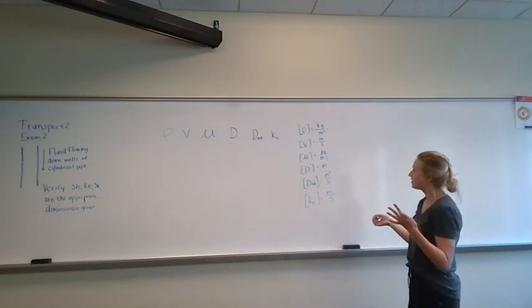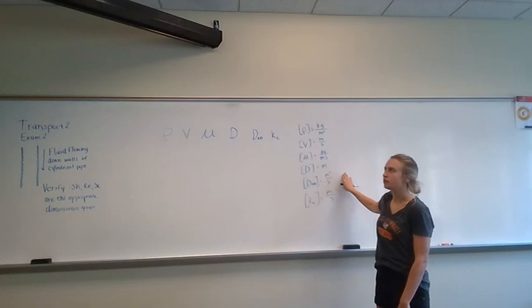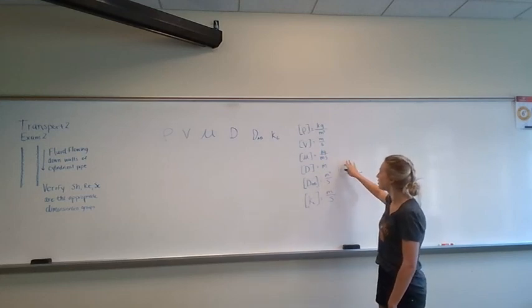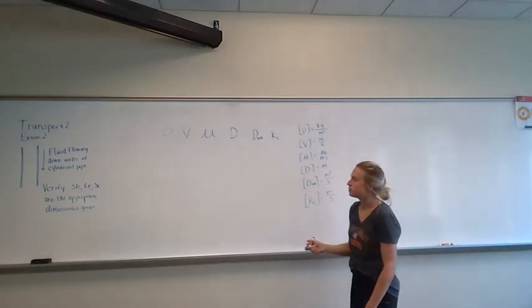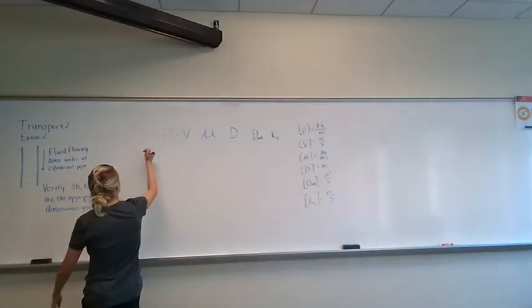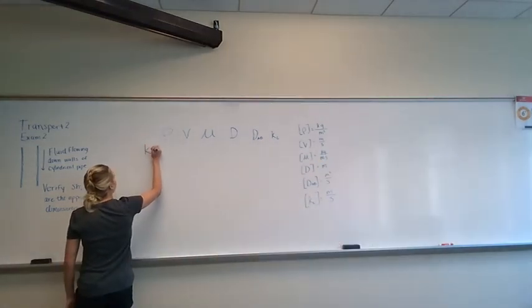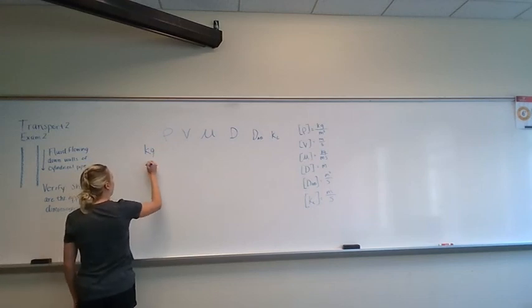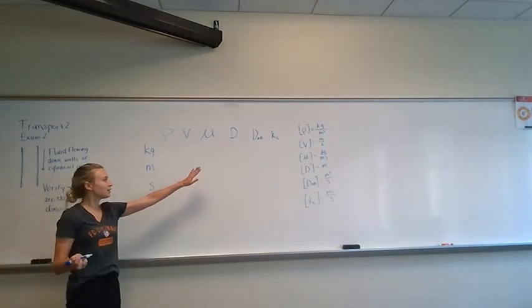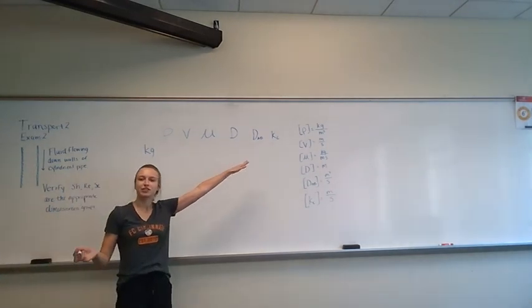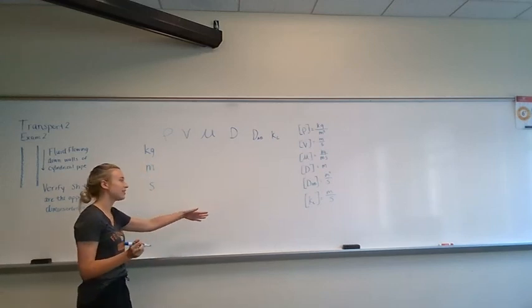So we can see that all of these parameters incorporate either kilograms, meters, or seconds, or a combination of these three units, so we can create a matrix of the parameters along with the units: kilograms, meters, and seconds. We can then use the exponents on the units of each parameter to create this matrix.